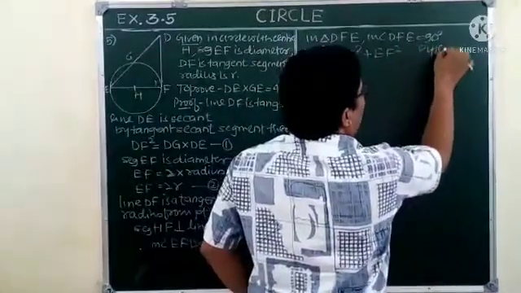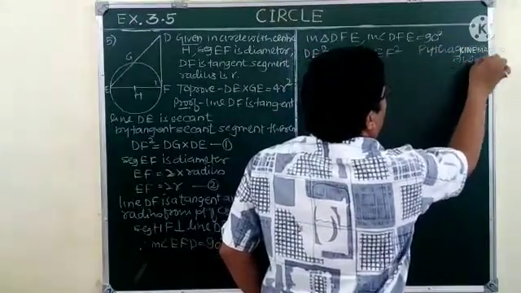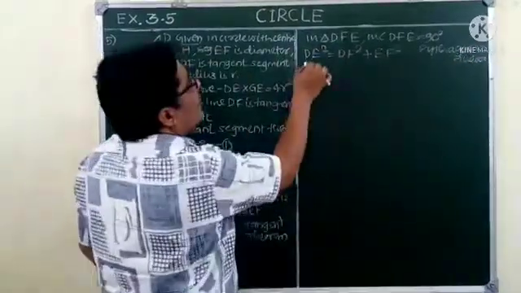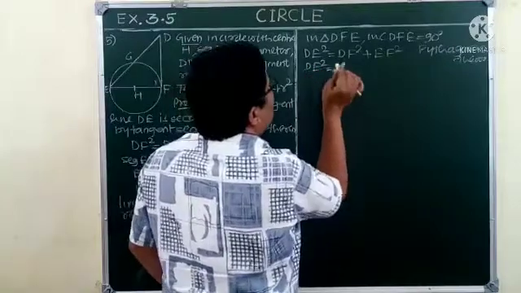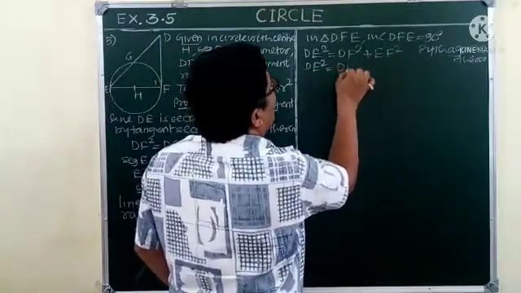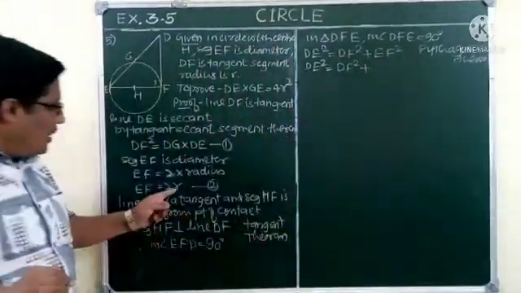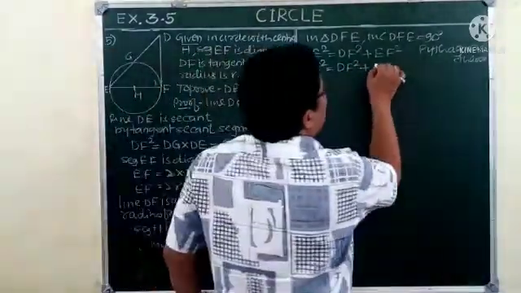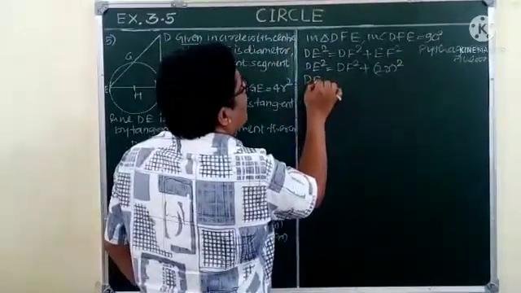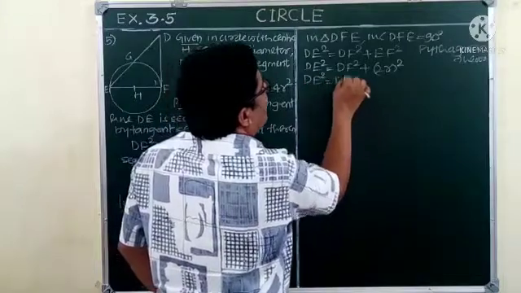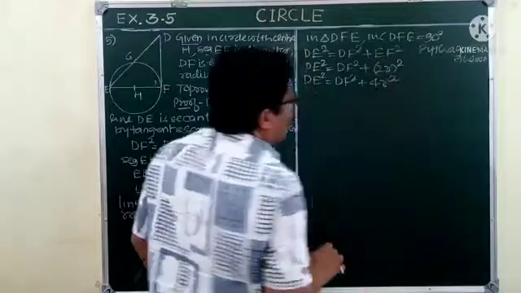So reference will be Pythagoras theorem. So here DE square is equal to DF square plus EF square. EF is 2R. So here we can place 2R bracket square. So DE square is equal to DF square plus 4R square.